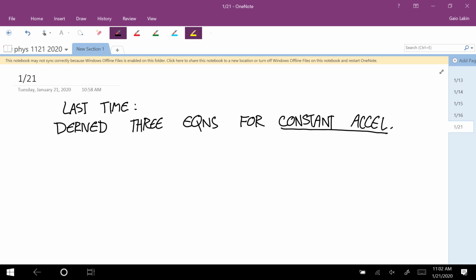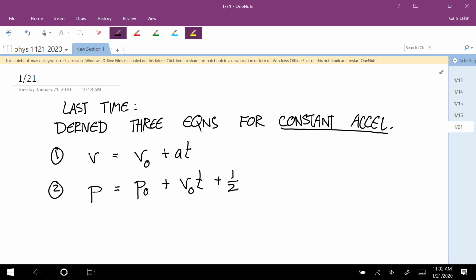And the equations that we got were first, velocity is equal to v sub 0 plus at. The second one says position is equal to p sub 0 plus v sub 0 t plus 1/2 at squared.